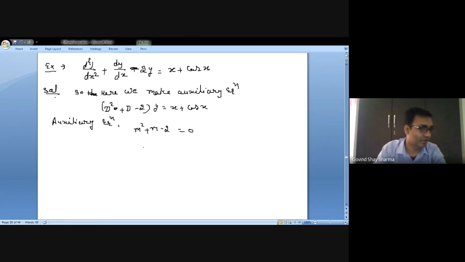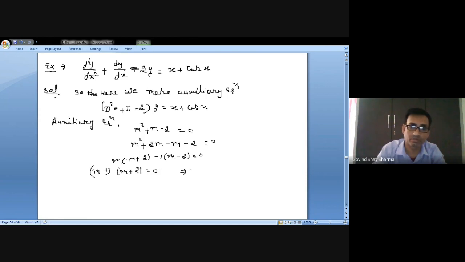Here we find m square plus 2m minus m minus 2 is equal to 0.